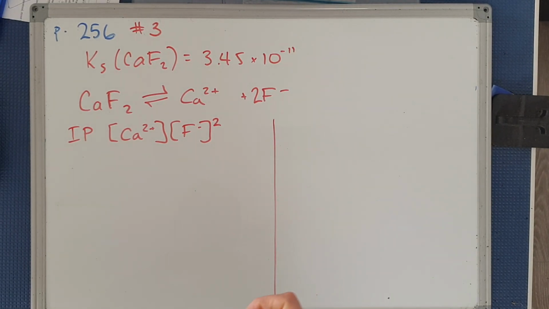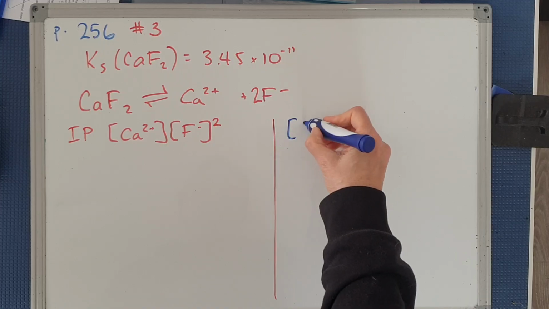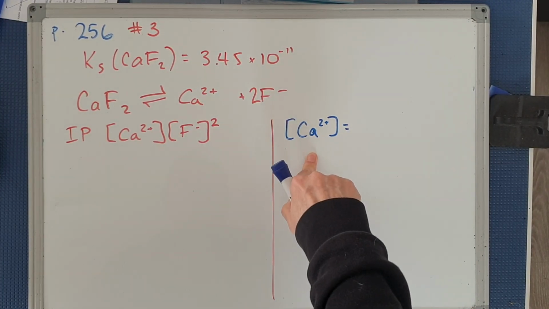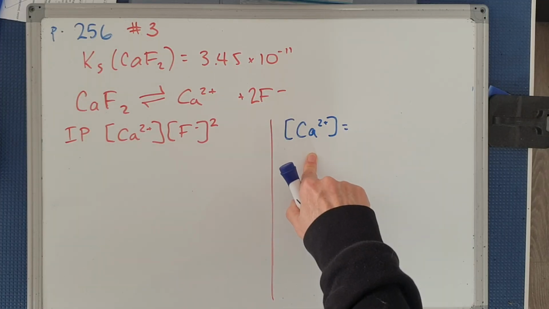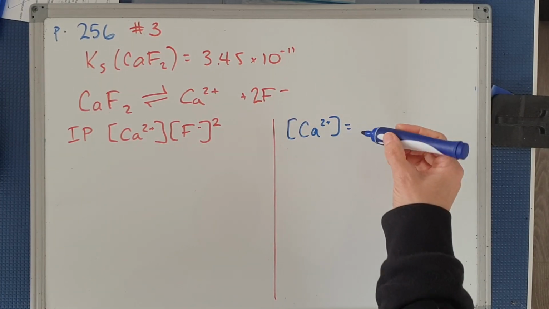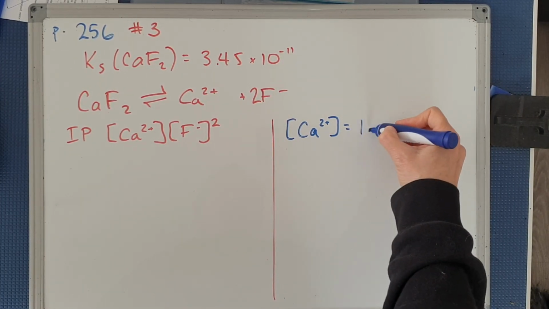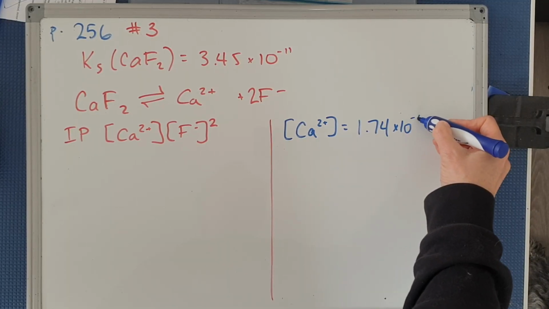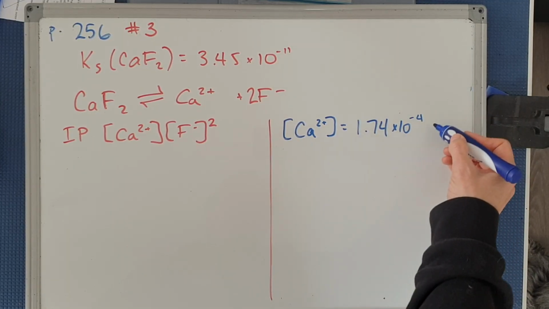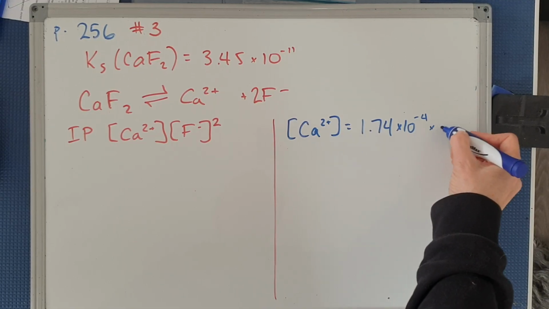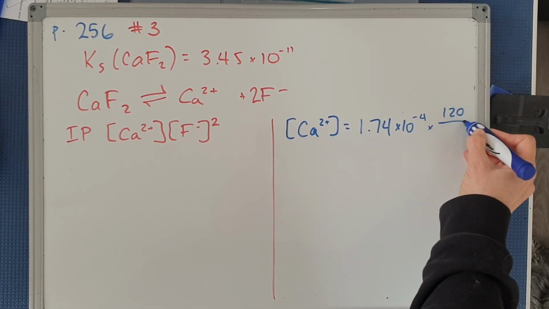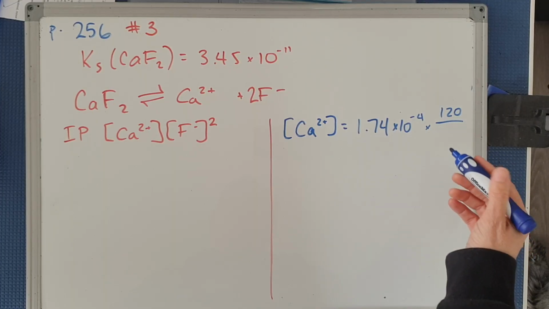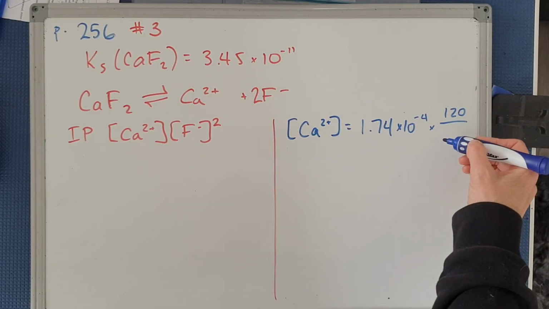First of all, my calcium, where's my calcium coming from? It is coming from the 120 milliliters of 1.74 times 10 to the negative 4 moles per liter. That was the concentration. That's what I'm trying to find. I had 120 mils divided by my new volume, because this has been diluted since I've mixed two liquids together.